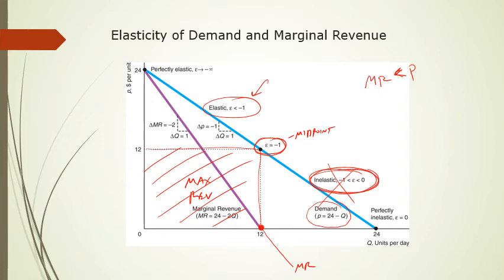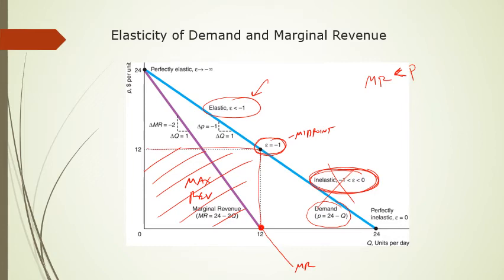The reason is that I can produce less, raise the price, and make more revenue. Not only that, because I'm producing less, my costs are going down. So we have a double benefit there. As firms raise the price in the inelastic range, they get a higher revenue and they get lower costs.